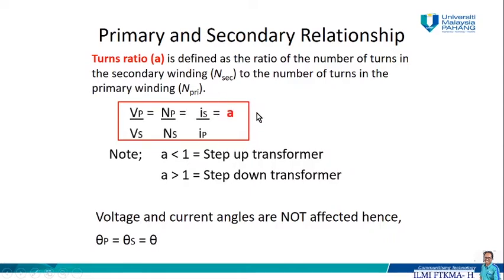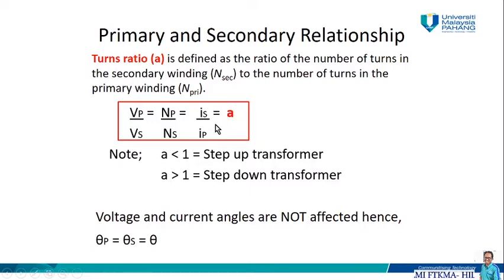So we are going to have this relationship where VP over VS, the voltage of the primary over the voltage of the secondary, is equal to the ratio of the number of windings of the primary over the number of windings of the secondary, and this is equal to the current of the secondary over the current of the primary.